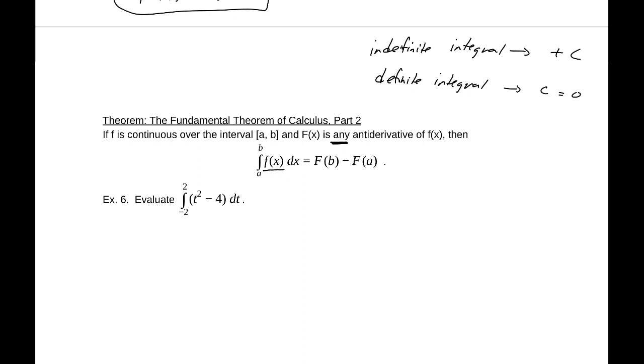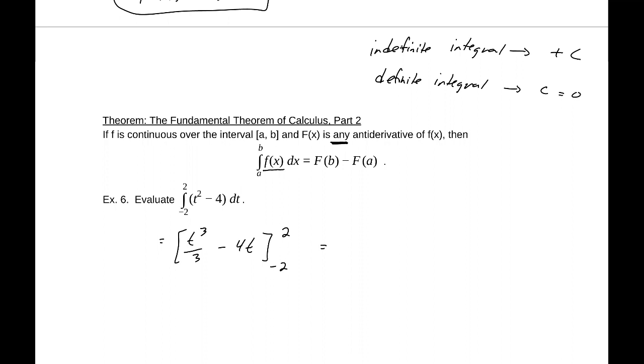All right, so evaluate this. What we'll first do is find an antiderivative with c equals 0. So we'll do t cubed over 3, using our power rule from the end of chapter 4, minus 4t, evaluated from negative 2 to 2.